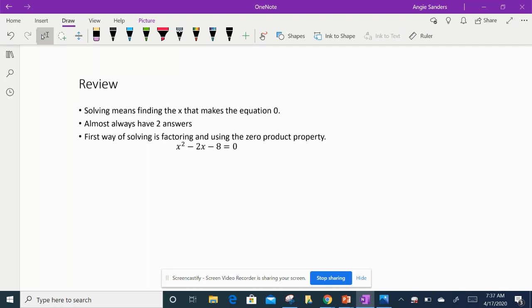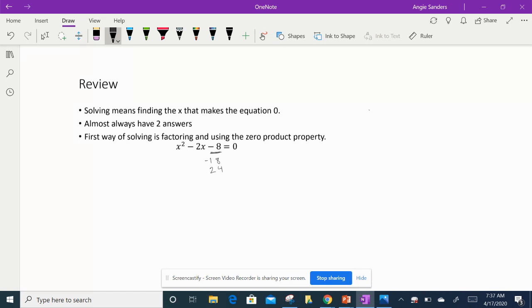Just a reminder of that, the zero product property means something times something equals 0. In this case, I have it equal to 0, but I don't have something times something, so I'm going to use the process of factoring to make it a product. I'm listing my factors of -8: 1 and 8, 2 and 4.